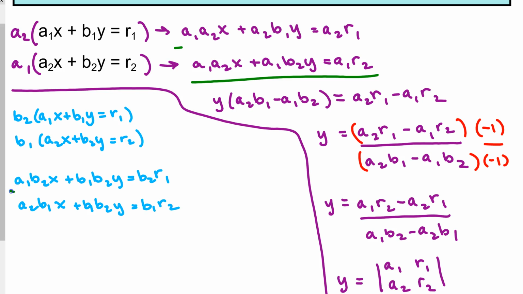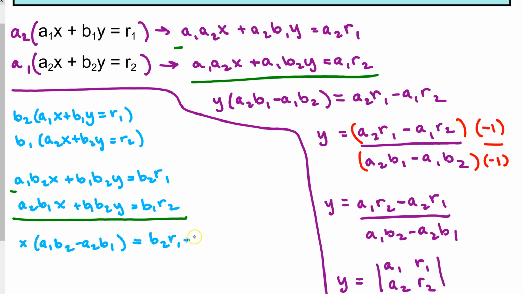And if we subtract, we're going to eliminate the y terms this time. And we have x times the quantity A1 B2 minus A2 B1 equals B2 R1 minus B1 R2.